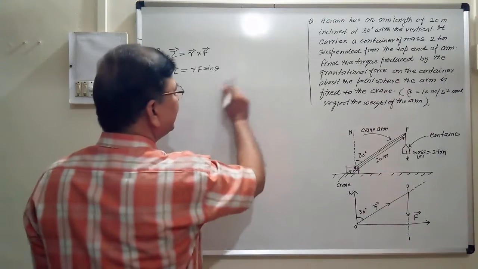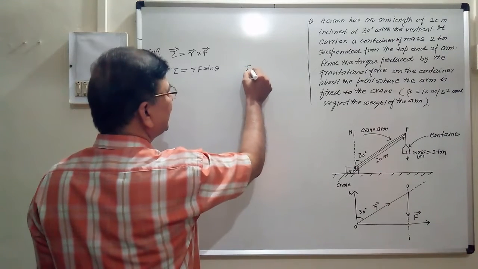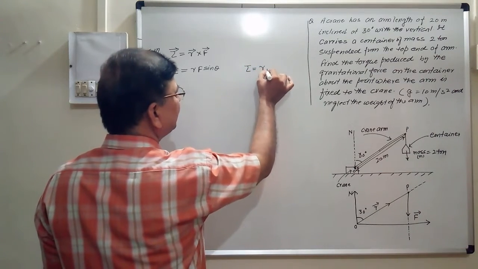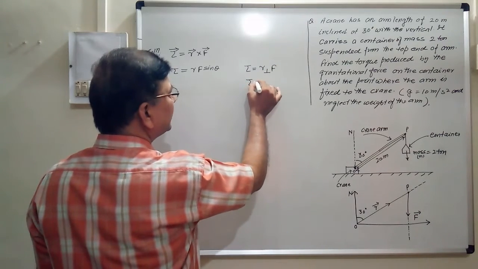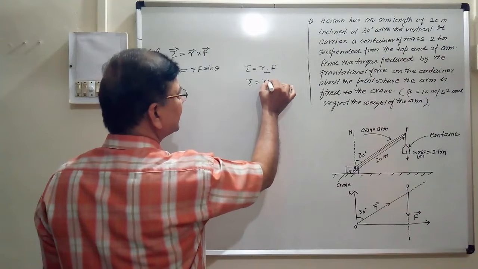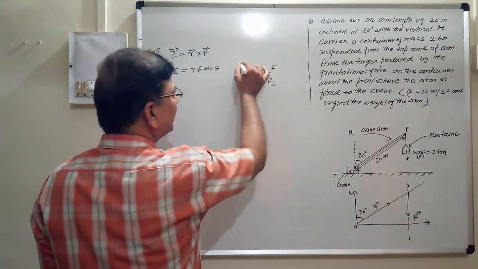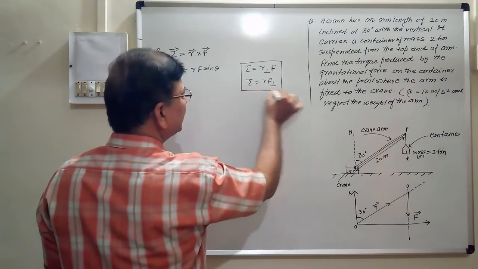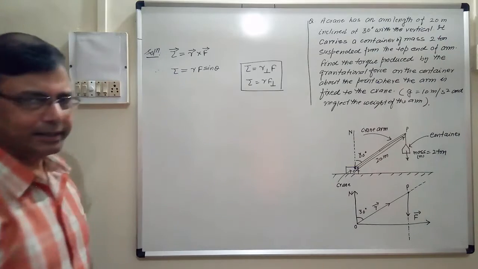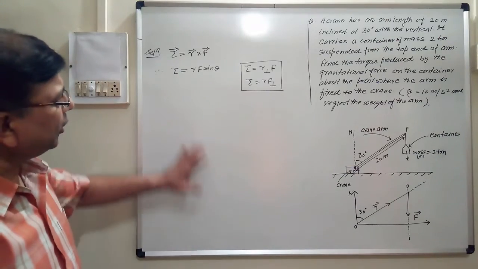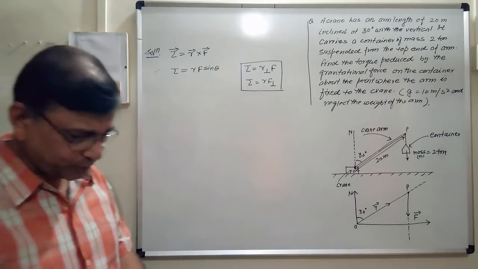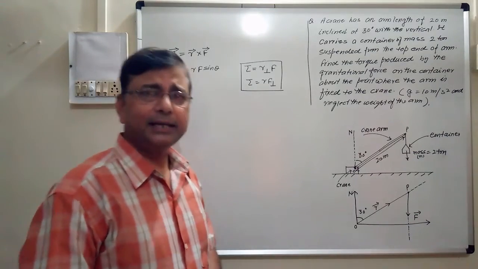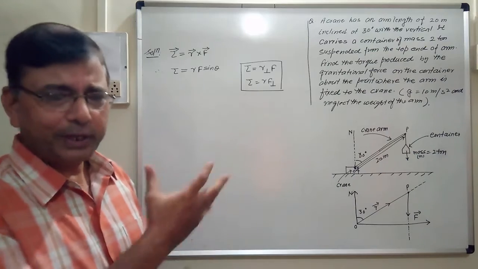The same thing can be written as tau is equal to R perpendicular into F, or tau is equal to R F perpendicular. These are 3 formulas. So I will be using all the 3, so that you learn how to apply different formulas to get the solution.